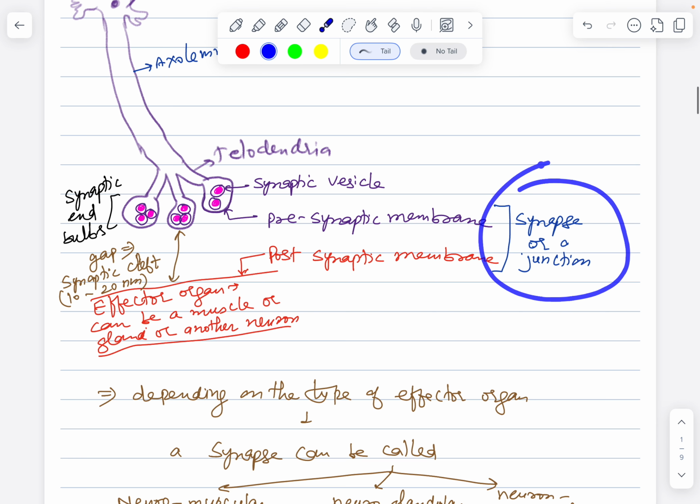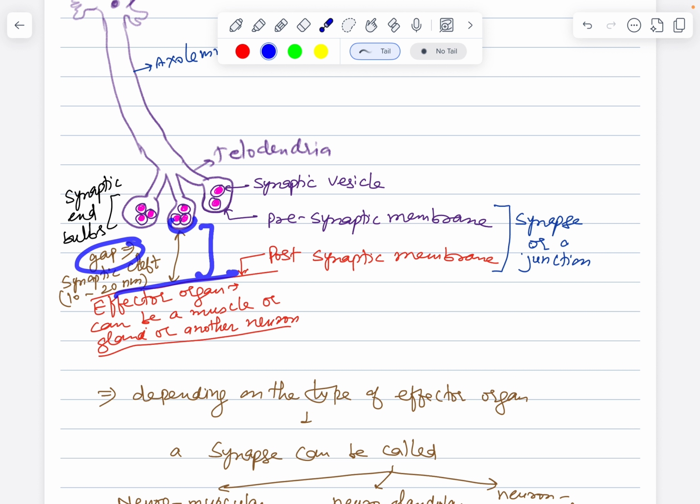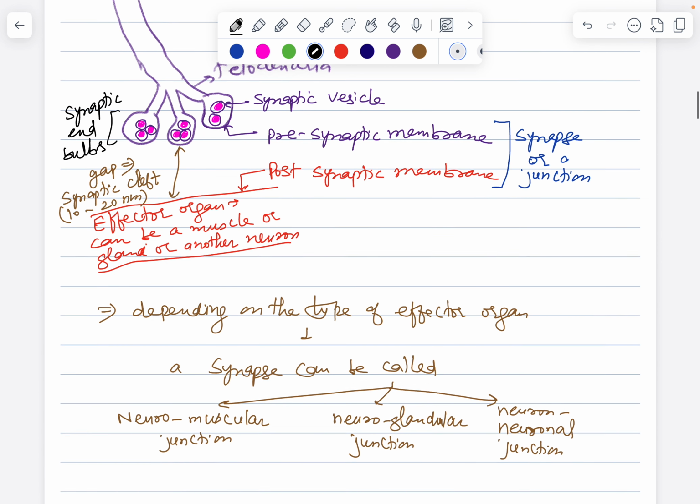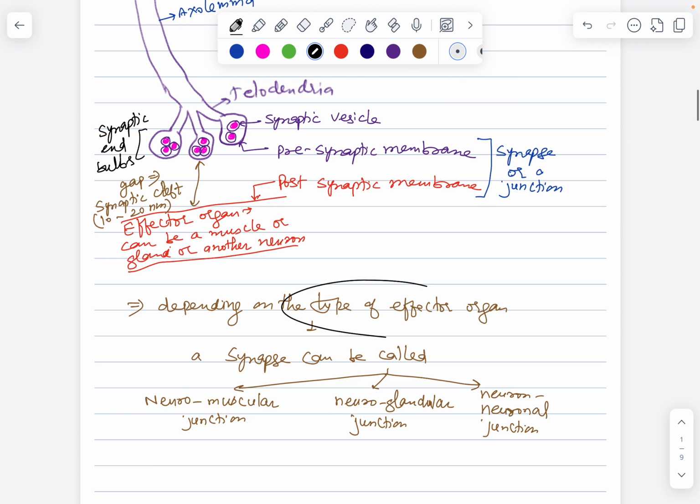Since in this type of synapse, the pre and post synaptic membrane are not in actual contact, there's a gap between them, what do we call this type of synapse? Chemical synapse. Because what is compulsorily supposed to be released over here? Neurotransmitter chemical.